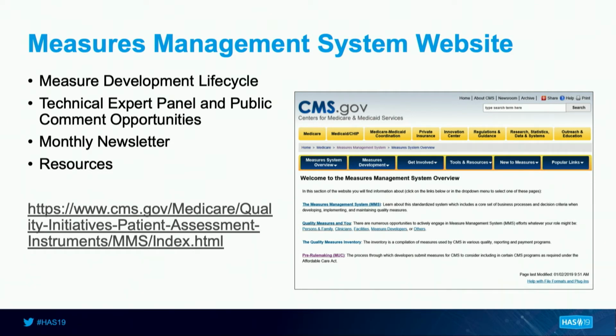We also have things like our Get Involved tab on the website, which outlines a lot of our technical expert panel opportunities, our public comment periods, etc. I encourage you to check that out, and you can sign up for a monthly newsletter that will outline some of those opportunities and pull together quality measures information and resources across the agency.